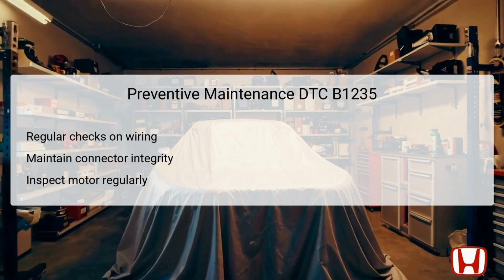Regular inspections of the air mix control motor also play a role in identifying any wear or progression of potential issues. By remaining proactive about these elements, vehicle owners can significantly reduce the risk of experiencing a malfunction in their Honda Civic's climate control system.